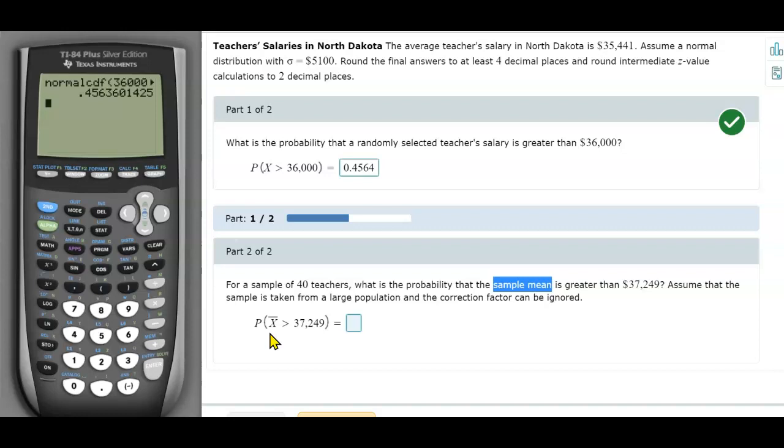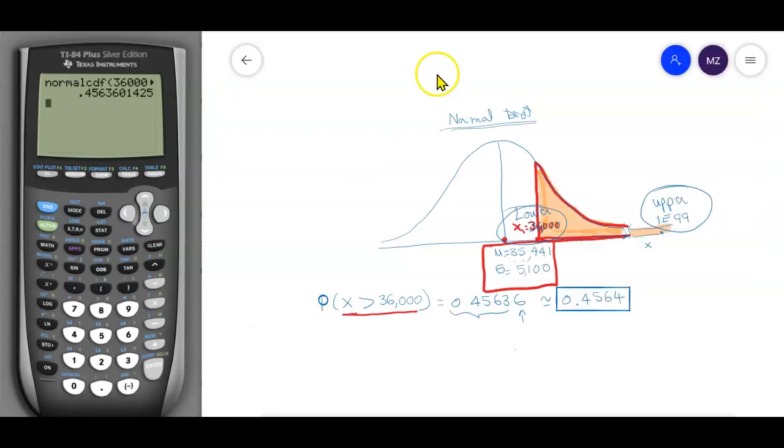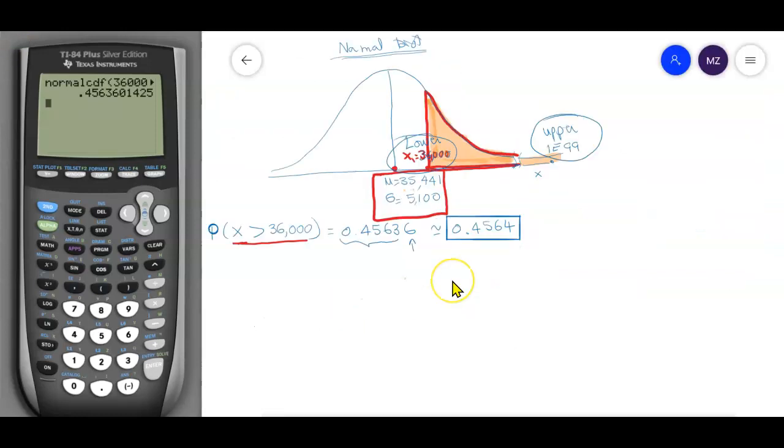So again, we need to put it on the graph before putting it on the calculator, right? So we need to identify the mean, the sigma, the upper bound and the lower bound. Okay, so here we are using the central limit theorem.